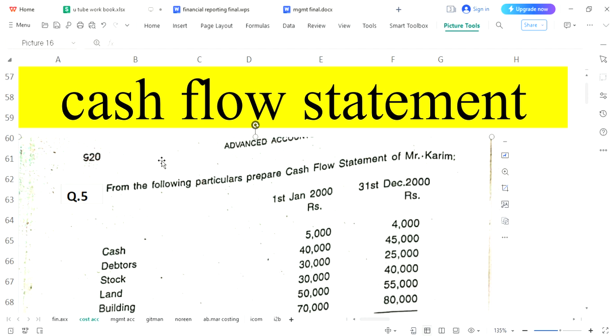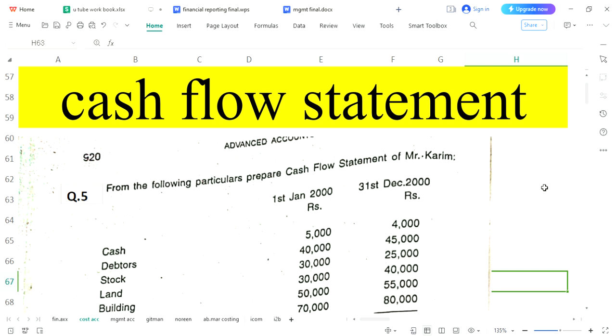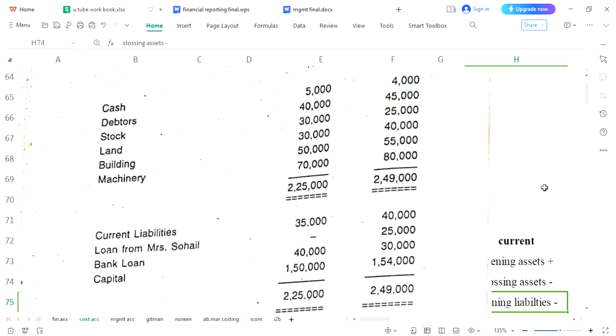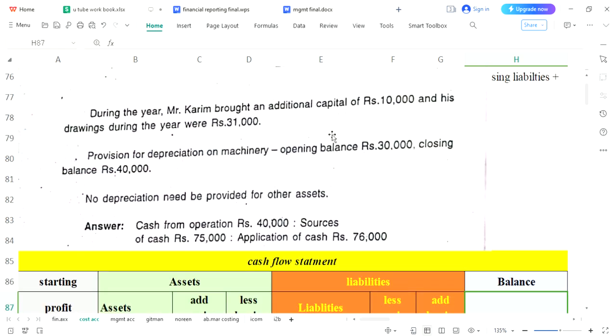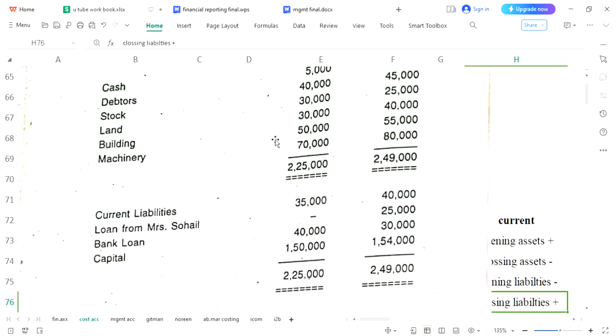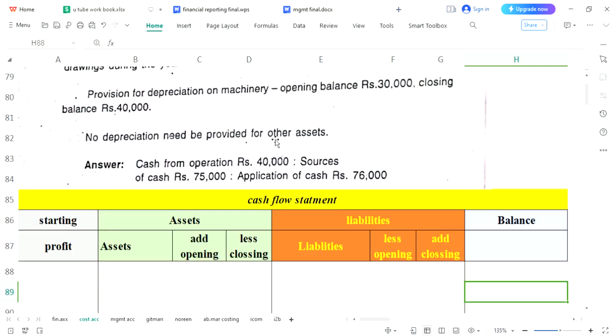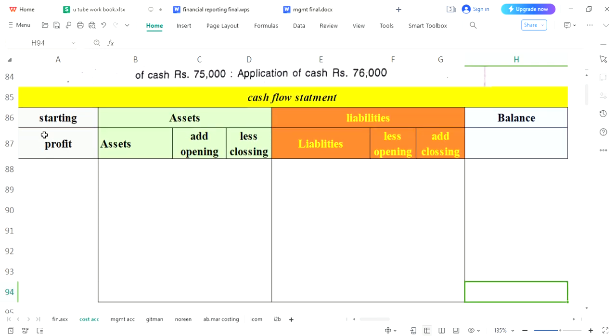Now, the second thing we will look at is the shape of the question. Here, current assets and fixed assets, opening and closing, are given. Current liabilities and fixed liabilities, opening and closing, are given. And there are a few adjustments present in our question. But the most interesting thing is this is our proforma, and the starting element, the starting feature, is profit.